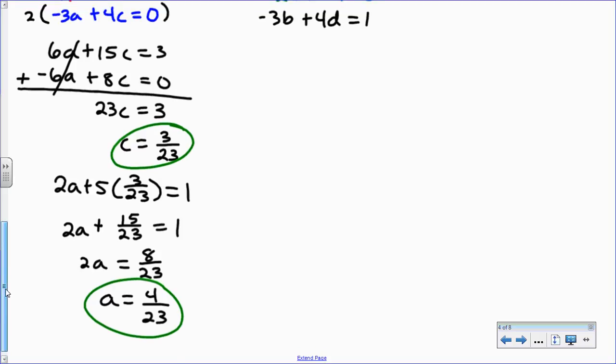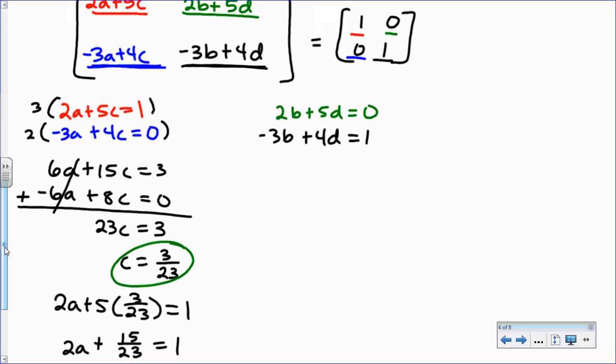Now do the same thing for the system for B and D. I'll multiply the top one by 3 and the bottom one by 2. So I get 6b plus 15d equals 0, and negative 6b plus 8d equals 2.